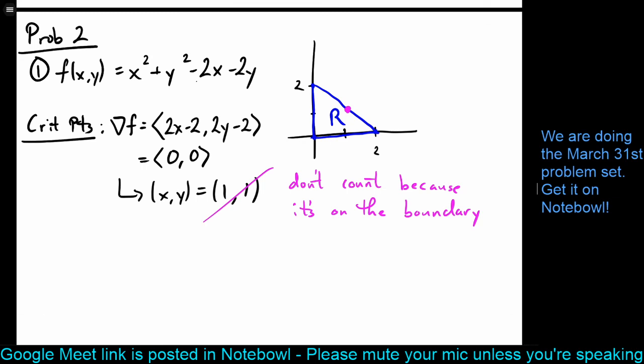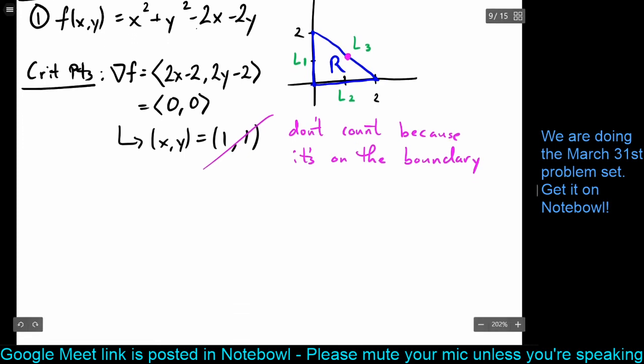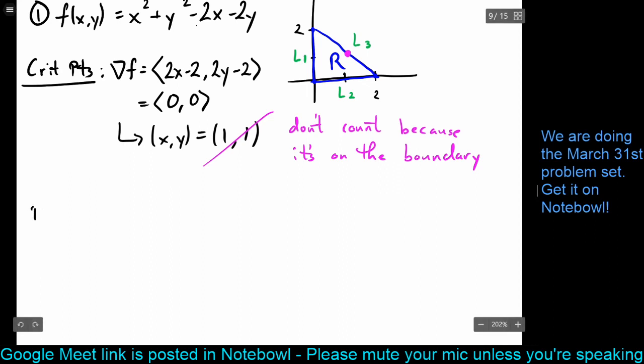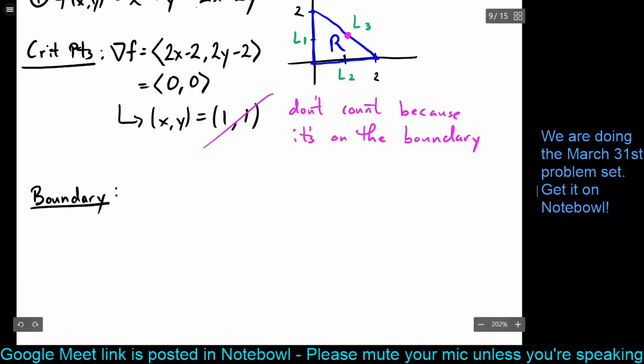So now that we've taken care of the inside of this triangle, we need to move to the boundary. Let me call these 3 edges here L1, L2, and L3. I want to write down a description of these, so I need to come up with equations for each of them that let me plug the lines into the function.